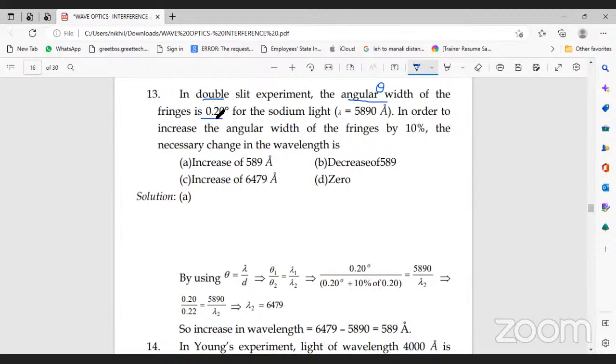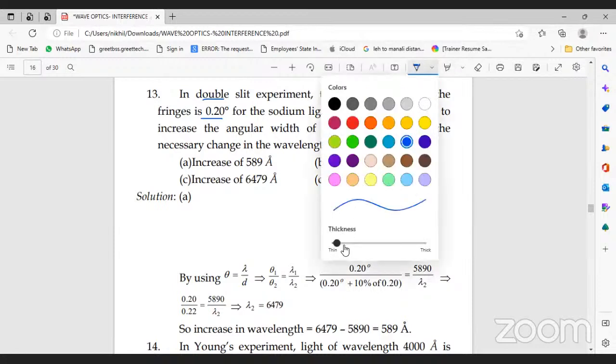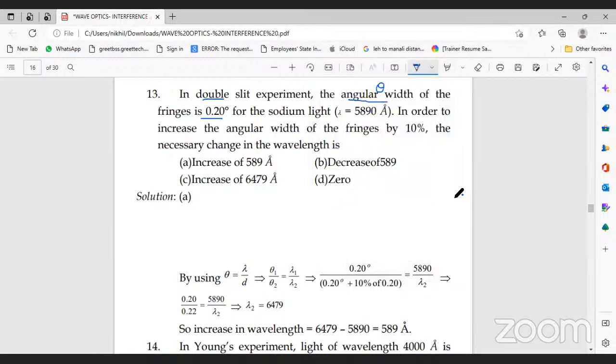How much have they given? 0.20 degree. That is incident with a wavelength 5890 angstrom. Now the angular width is increased by 10%. What is the corresponding change in the wavelength?